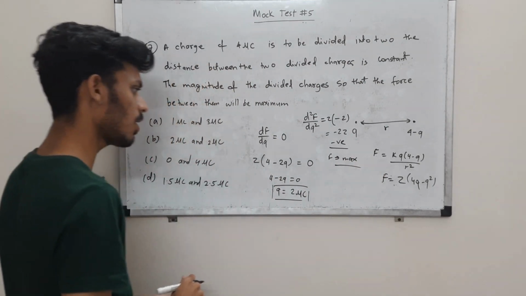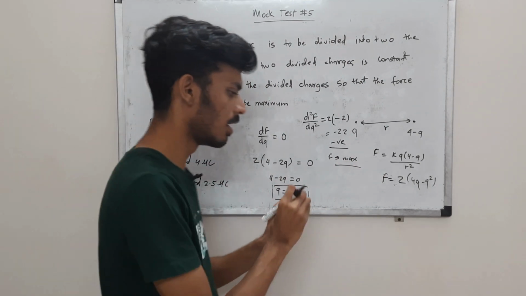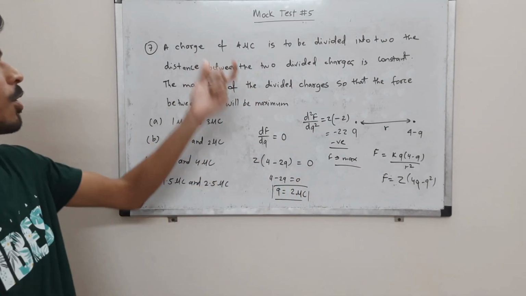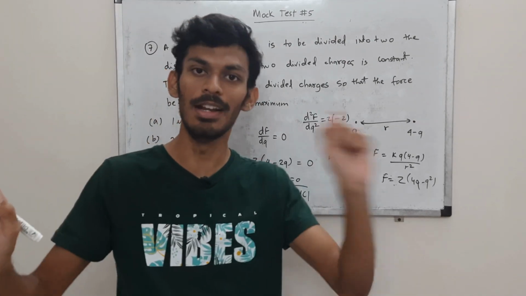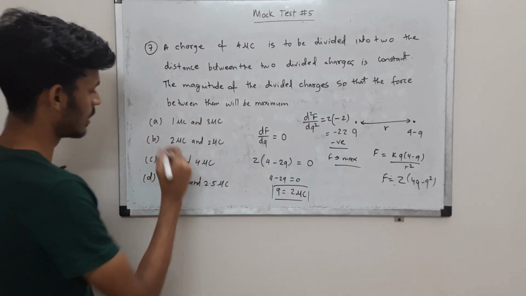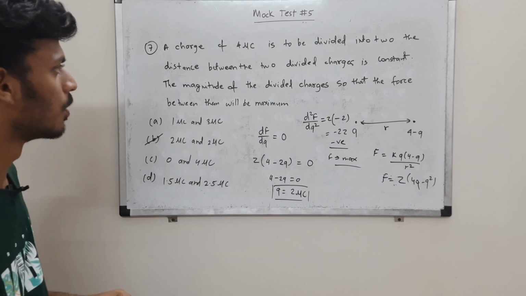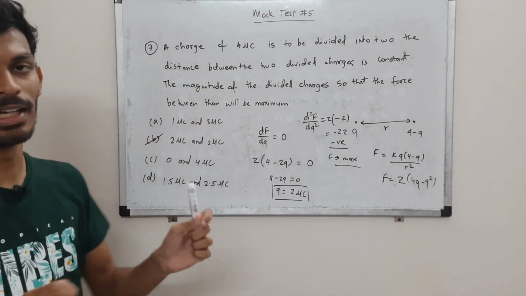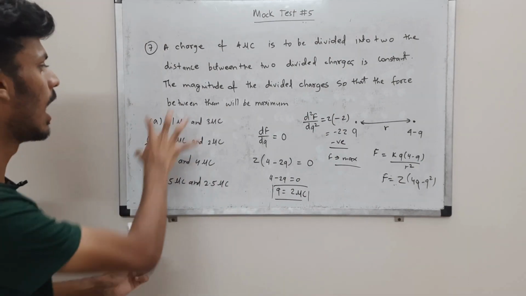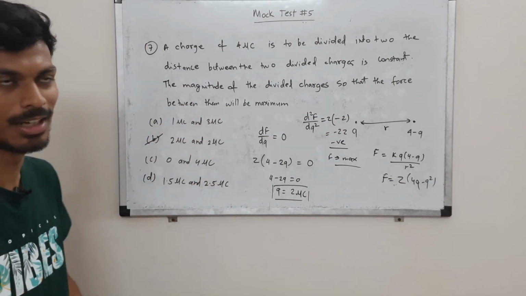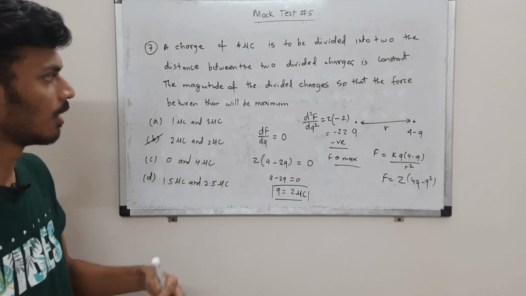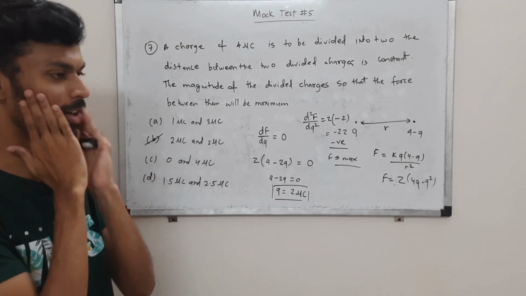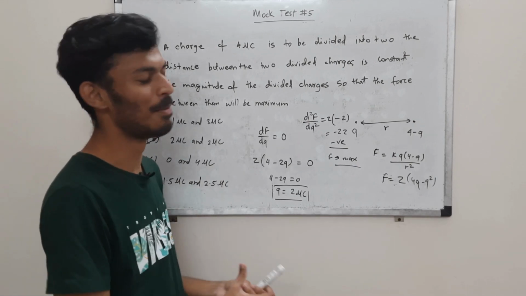So f is maximum when the 4 coulombs is split into 2 coulombs and 2 coulombs, which was actually very obvious. If you want the force between them to be maximum, you have to split it into 2 coulombs and 2 coulombs, and not any other configuration. So that's about this question.